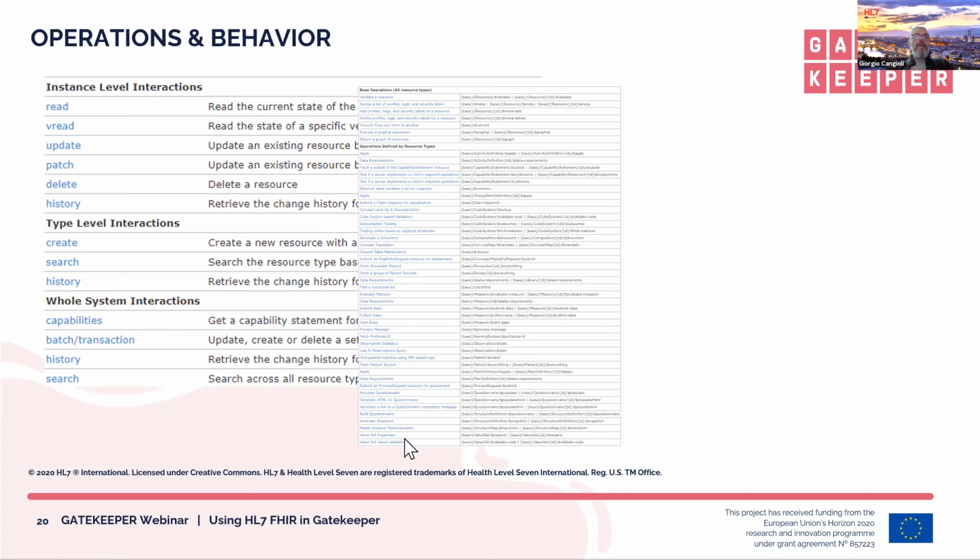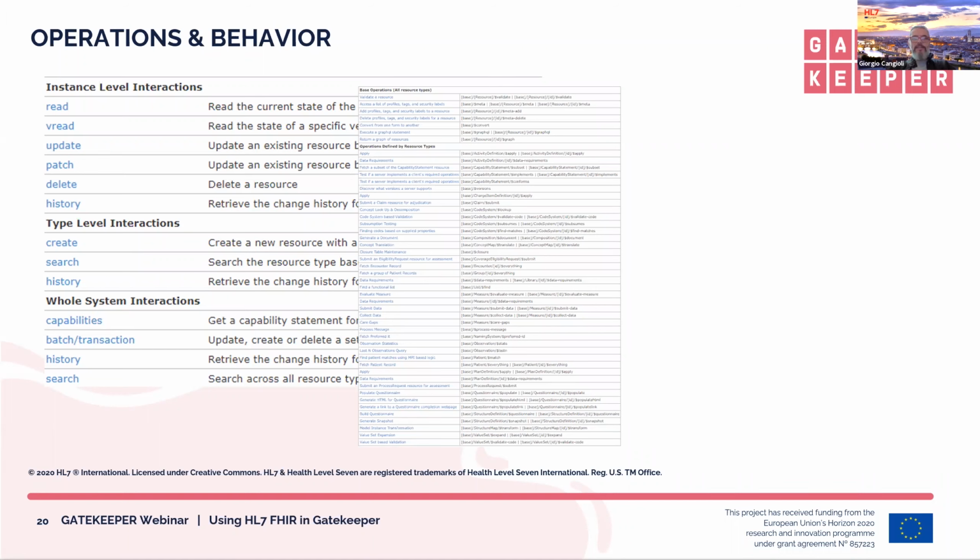So when you implement, you are not expected to be able to support all these kinds of operations, all these kinds of interaction. And also, for example, if I'm realizing a search using the GET operation, I may have a lot of different parameters that I can use to query, and that I can combine.